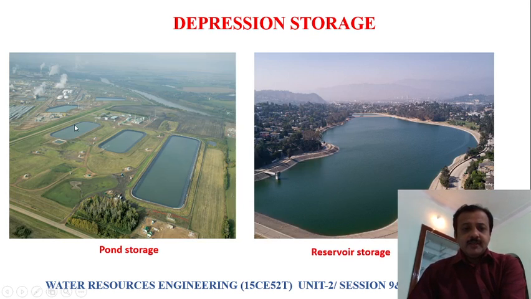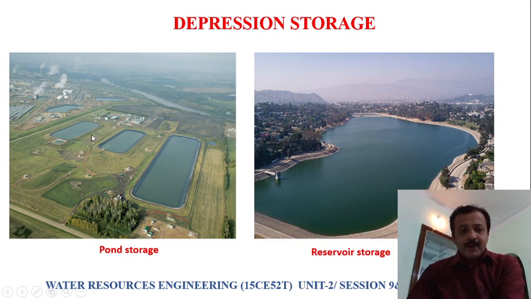You can see this is about the pond storage, this is reservoir storage. The water gets stored here, and the remaining water only will be flowing over the land, and some part of the water also gets infiltrated into the soil surface.